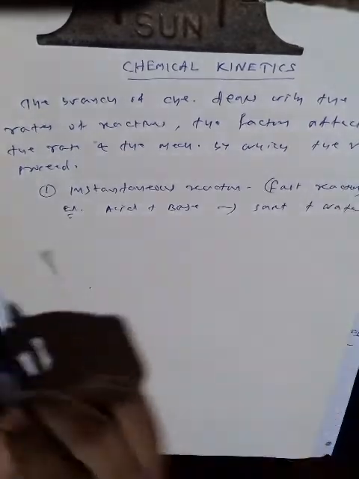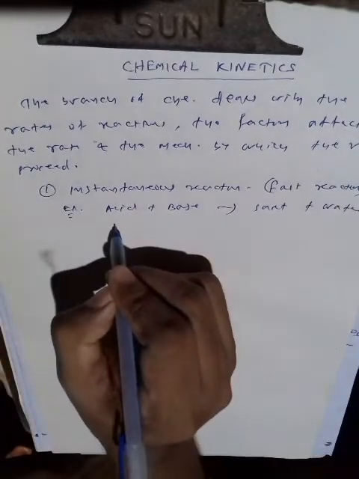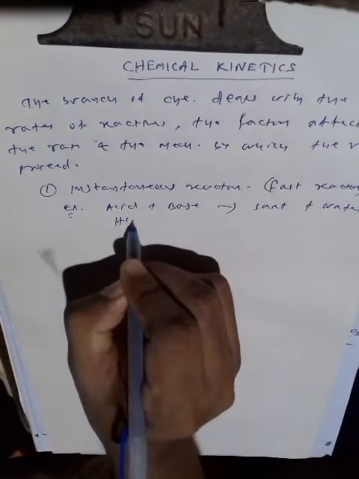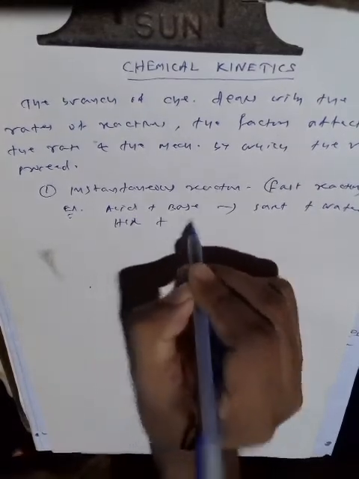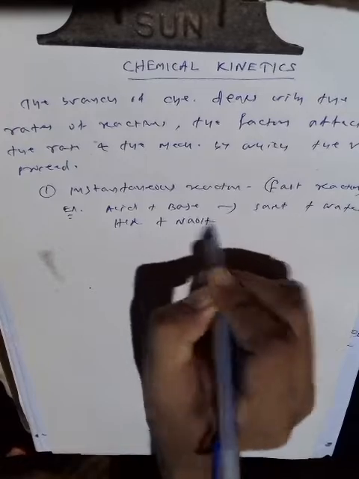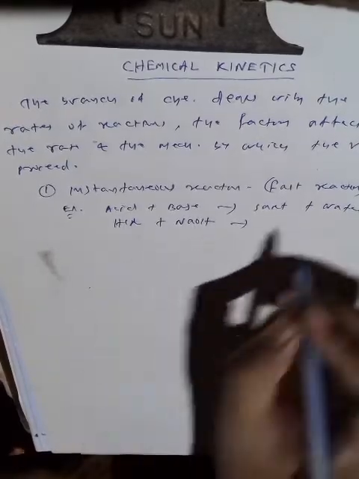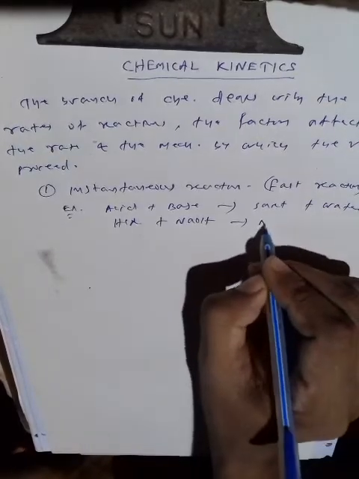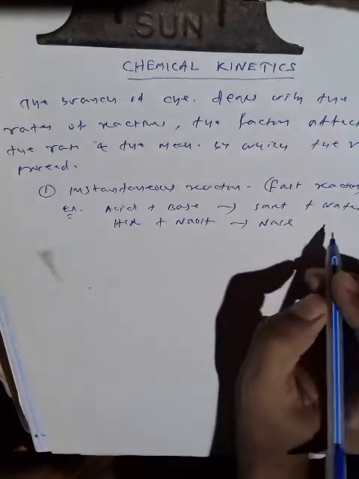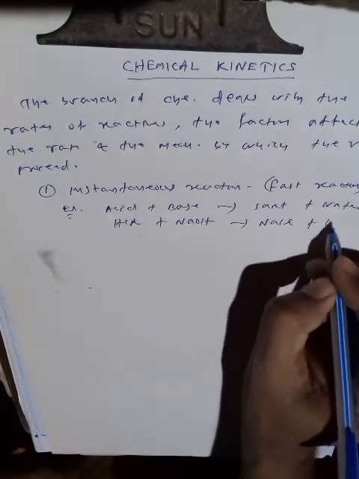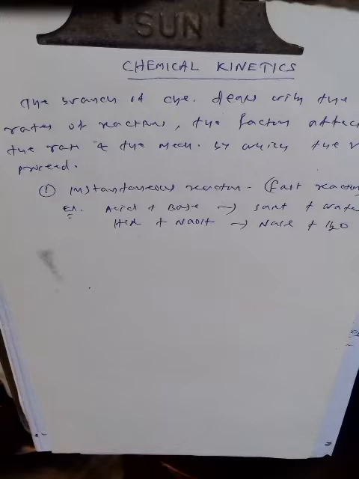In general, not always. Suppose the acid taken is HCl. This on treatment with NaOH, which is a very strong base, strong acid, strong base, we will get the salt NaCl, the eating salt, table salt, and water. This reaction is very rapid. The rate is very fast. So this is an instantaneous reaction.